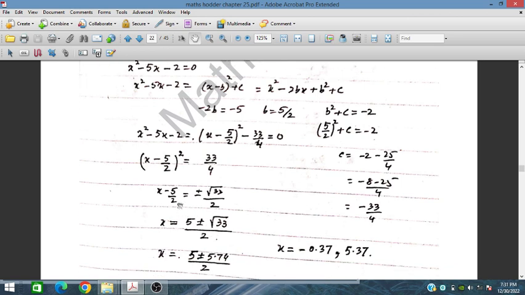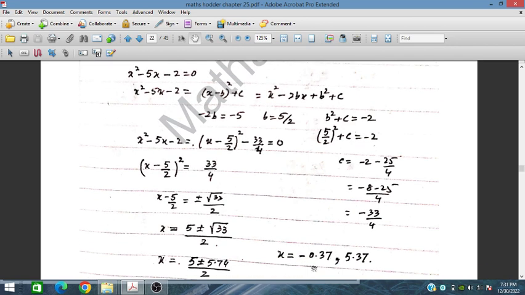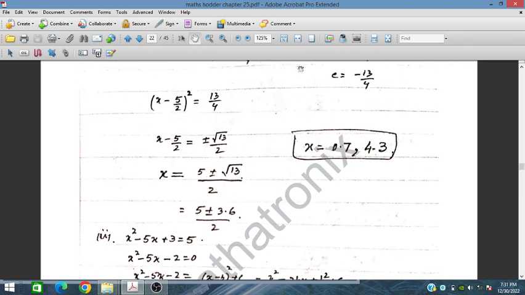The 5 upon 2 is shifted to the right hand side, and this becomes 5 plus minus under root 33, which is 5 plus minus 5.74, divided by 2. For the minus value, 5 minus this, we obtain minus 0.37, and for the plus value we obtain 5.37. So these two values, minus 0.37 and 5.37, are obtained on the graph here.